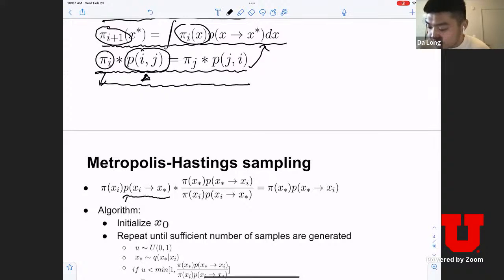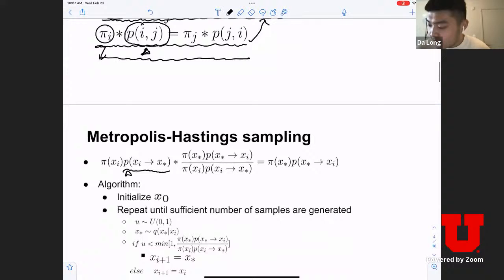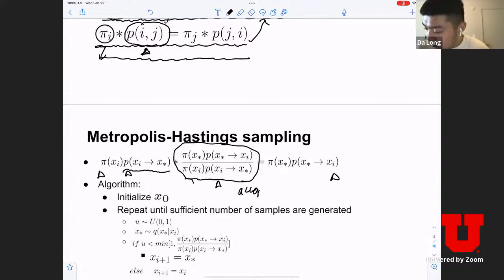If you plug the proposal transition distribution into the detailed balance equation, obviously the two sides will not be equal. So instead we multiply the first term by this factor, and then both sides will be equal. This is called the acceptance rate.